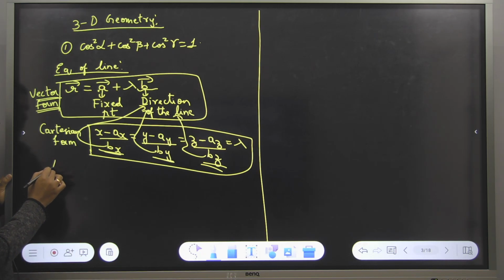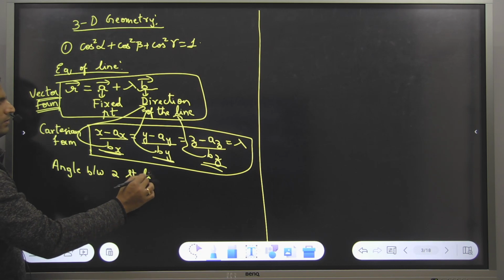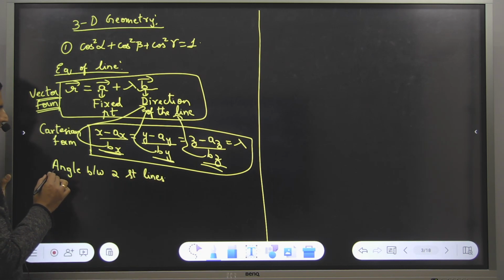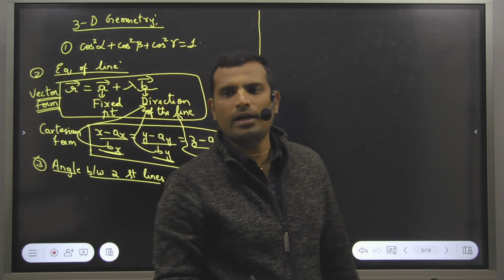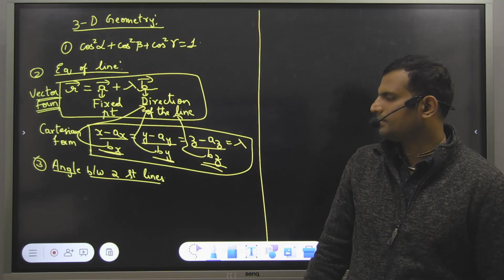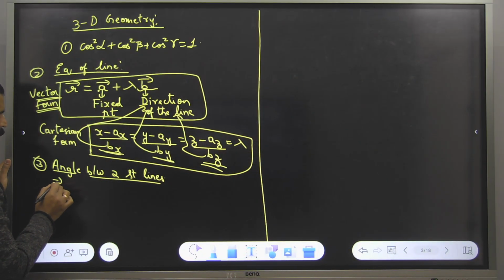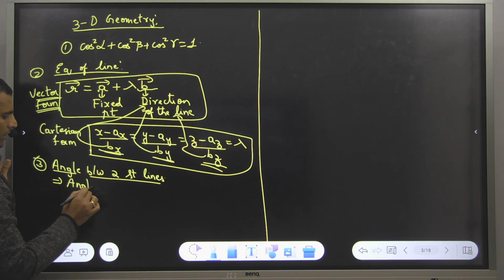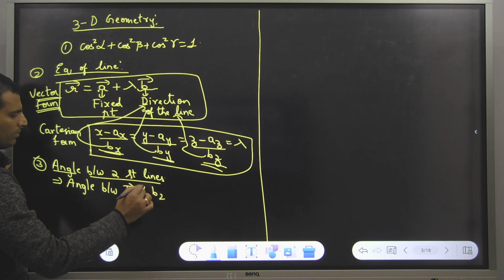Next, how do you find angle between two lines? Any idea, students? Who can tell me what is the formula for angle between two straight lines? Angle between two straight lines andre it means angle between vector b1 and vector b2.